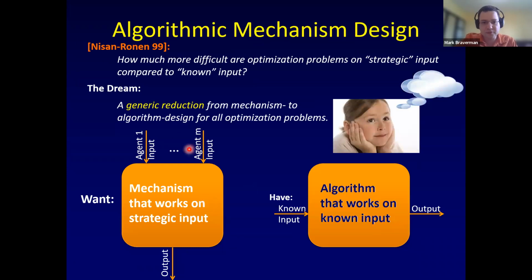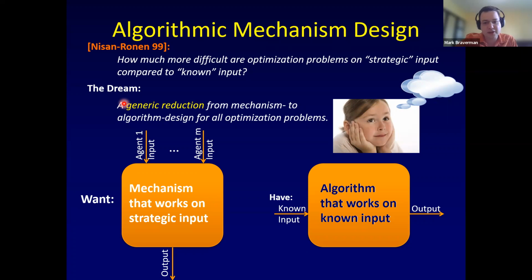The general theme of this field of algorithmic mechanism design is the question of how much more difficult it is to do optimization on strategic inputs compared to known inputs. The holy grail, the dream, is to make this question go away.